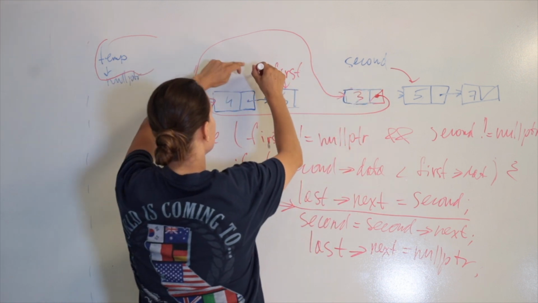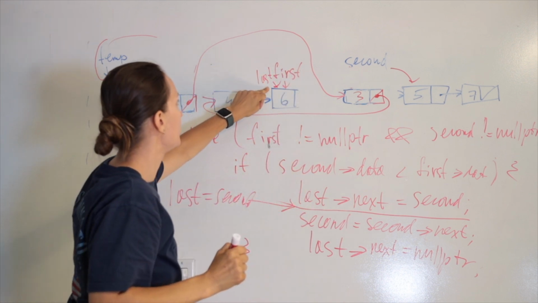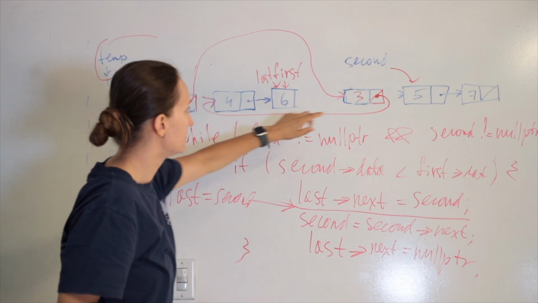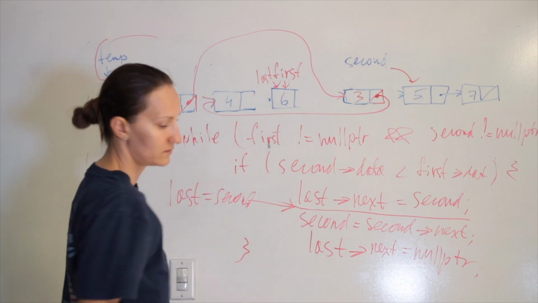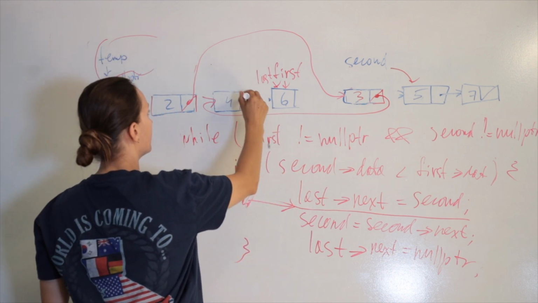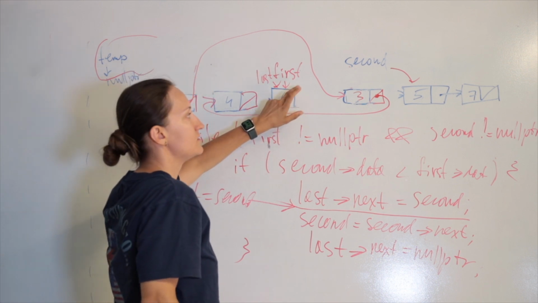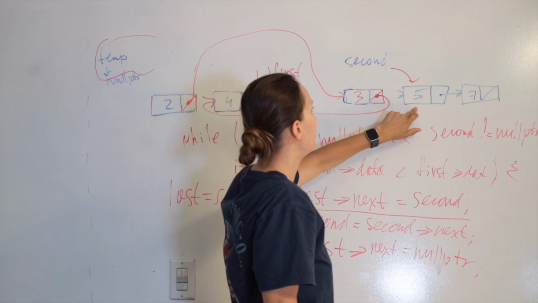Last equals first. They point to the same thing. And we will make last next a null pointer. It points to nothing. After that, we will continue to compare first data 6 with the second data 5.